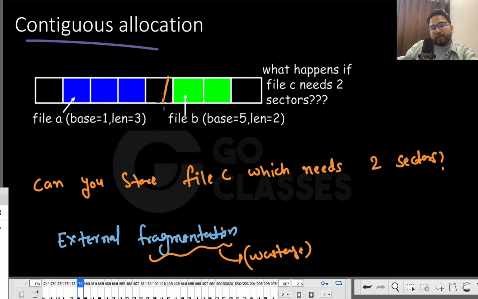Why? Because in linked I can store one block here and another block here, since in linked you can directly link. Similarly in index, you are maintaining an index file separately, then you can directly point to these two blocks. So whenever you are using pointers, this situation is not possible.